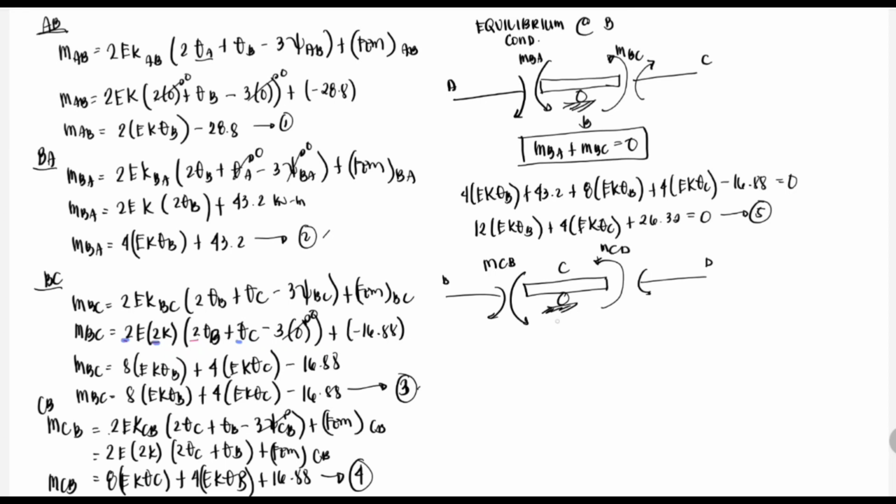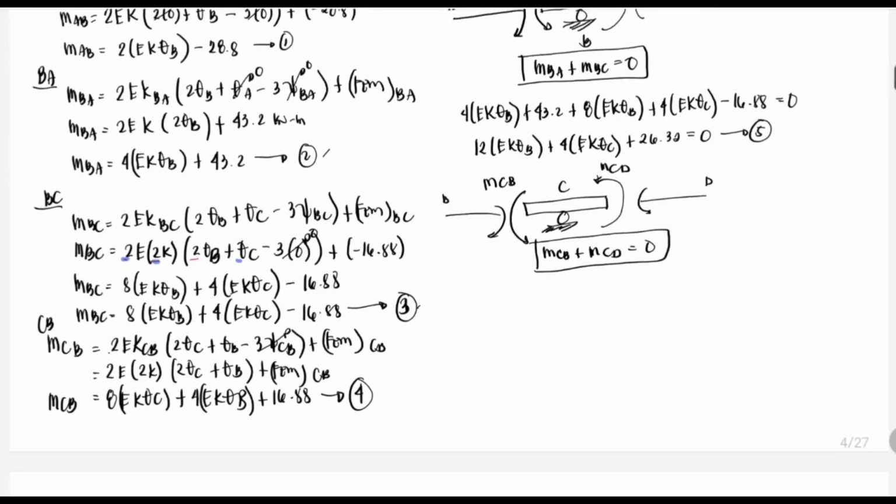So ang ating equation for that, we have MCB plus MCD is equivalent to 0. So, substitute natin yung value niyan. So we have CB. Okay, lagay lang natin yung value. We have 8 EK theta C plus 4 EK theta B plus 16.88.